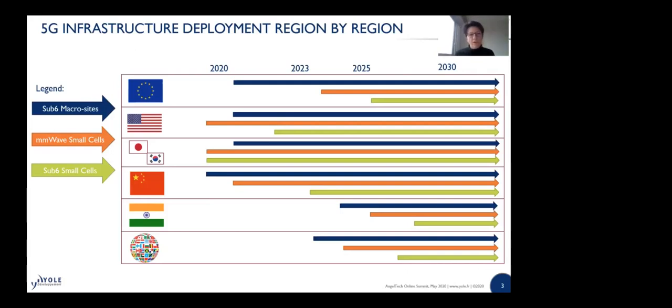In fact, in the US, they're looking for coverage, while in Asia, it's mainly for the dense urban areas where you would need this technology deployment. If you look at the rest of the world, it will still take time. In India and the other countries, the deployment is not expected before 2023, for example.